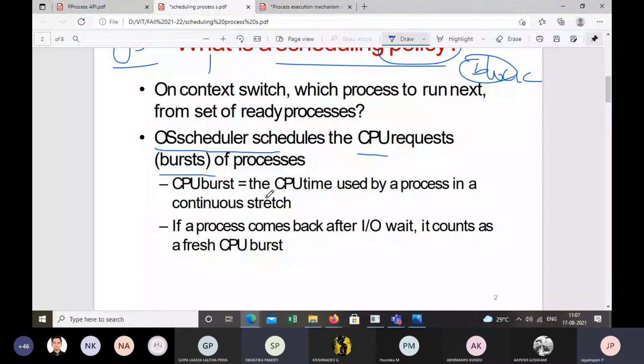Burst time is when the process comes for execution, it runs for a certain continuous duration in the CPU. That we call CPU burst. The time used by the process in a continuous stretch is called CPU burst.